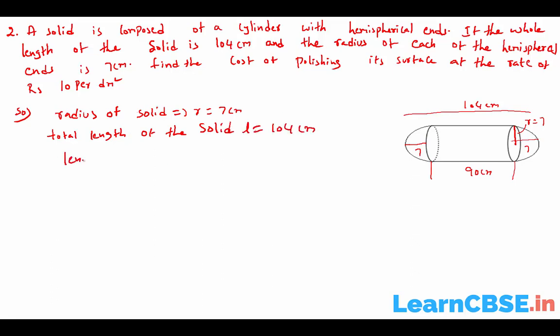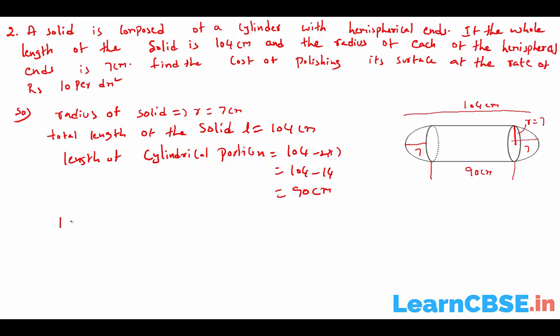Then the length of the cylindrical portion equals total length 104 minus 7 and 7, that means 2 into 7, because the height of the hemisphere is nothing but the radius of the hemisphere. So 104 minus 14, you get 90 centimeters.